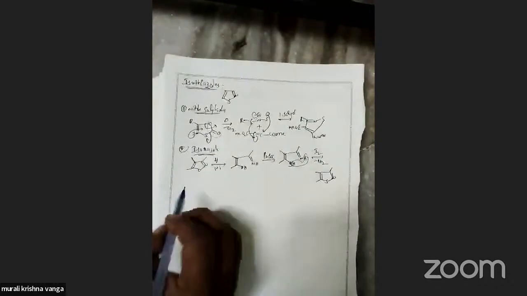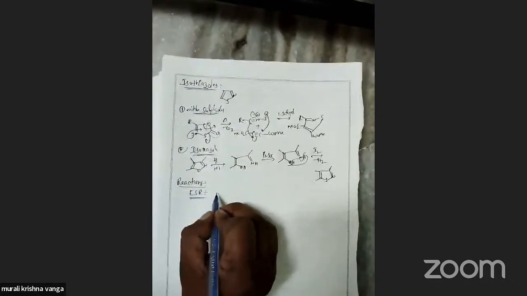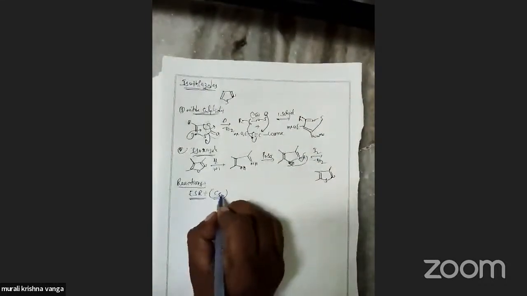Next, reactions. Electrophilic substitution reactions take place at the C4 position. Sorry, electrophilic substitution takes place at C4, not C5.